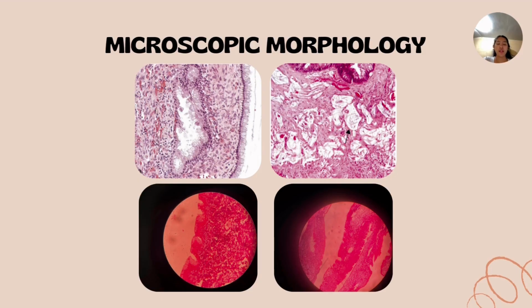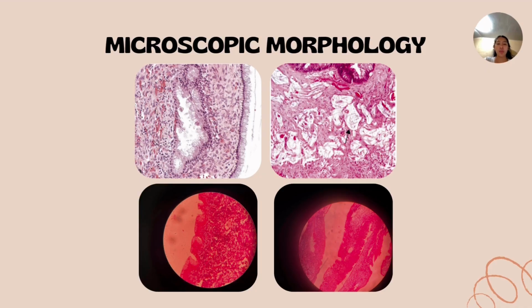So the mucinous cystadenoma can be differentiated from serous cystadenoma. Serous cystadenoma is usually smaller than mucinous tumors and unilocular, and its cyst is filled with clear watery serous fluid, while mucinous cystadenoma is multiloculated and its cyst is filled with thick gelatinous mucin-rich fluid.